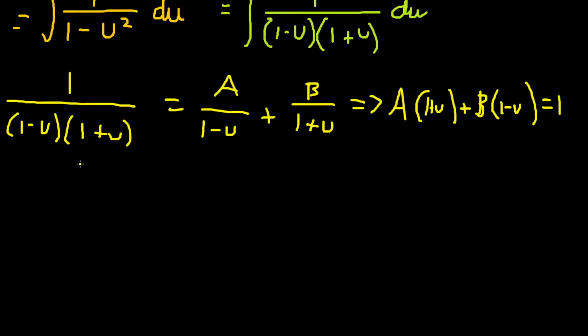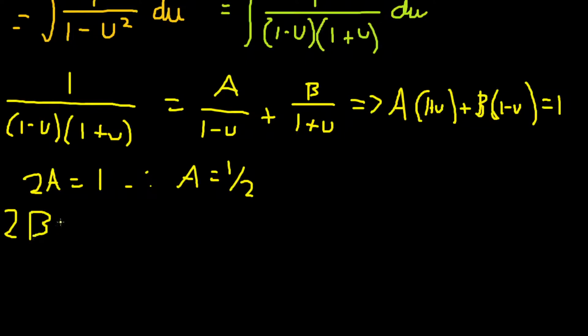Now at u equals 1, this b term disappears, so we're just left with 2a equal to 1, so therefore a is a half, and substituting negative 1 eliminates this term. We get b times 1 minus minus 1 is 1, so 2b equals 1, therefore b is also 1 half.